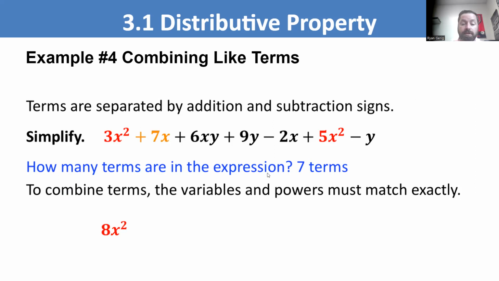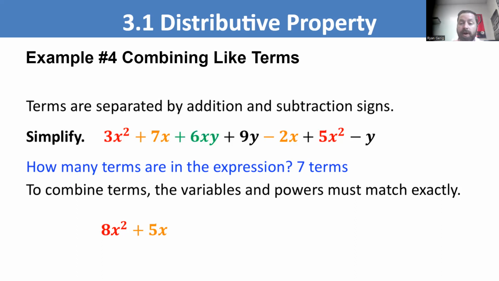Move on to the next one, 7x. Is there any other term that has just an x? And you can see that there is a -2x. And notice how the sign was also highlighted. So this is 7x plus -2x, which is 5x. Positive 5x. 6xy.